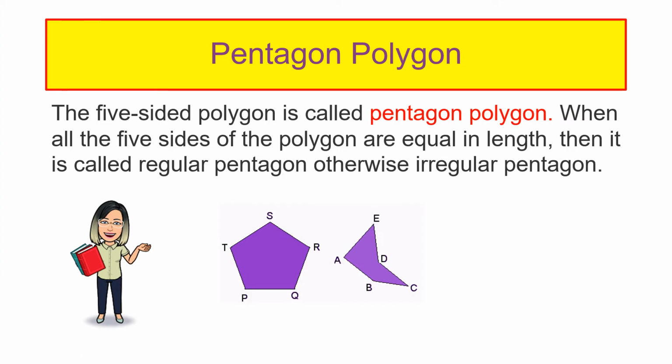Pentagon polygon. The 5-sided polygon is called a pentagon polygon. When all the 5 sides of the polygon are equal in length, then it is called a regular pentagon. Otherwise, it is an irregular pentagon. This is a regular pentagon, and this one is an irregular pentagon.